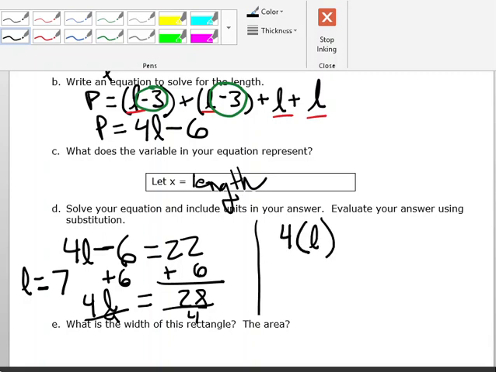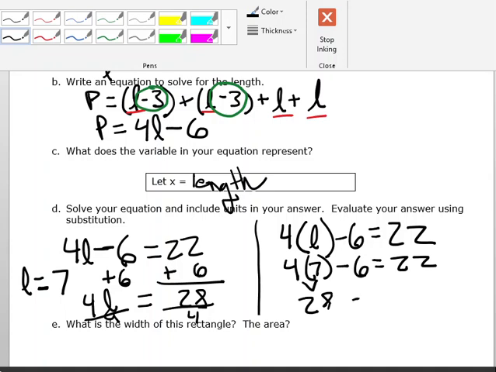So 4 times L minus 6 equals 22, and we're going to see, is this true? Is 4 times 7 minus 6 going to be equal to 22? Well, 28 minus 6 does, in fact, give me 22. So I did a good job here, guys. 22 is, in fact, equal to 22.